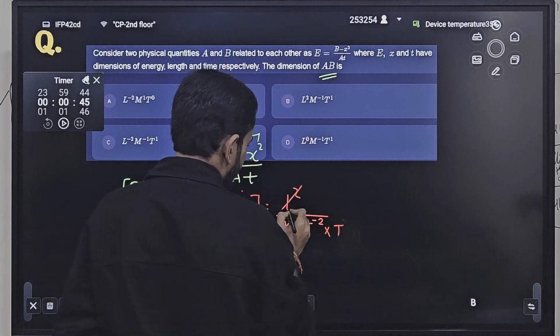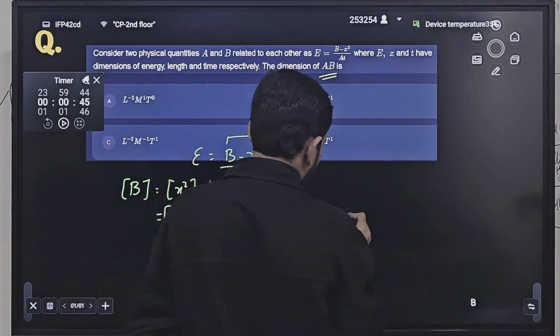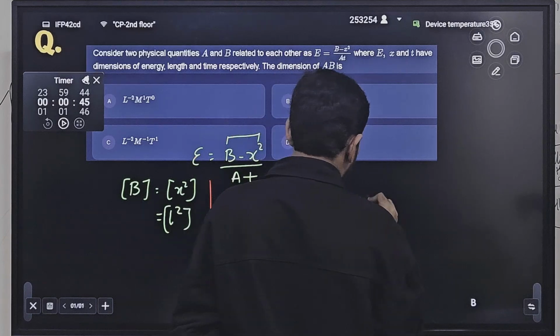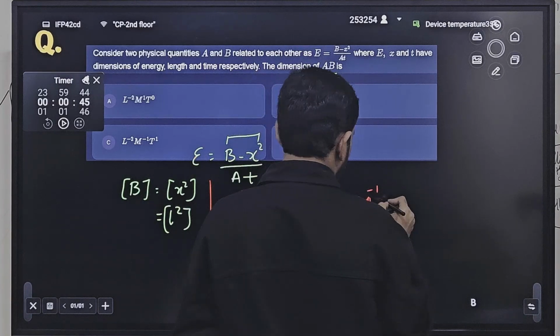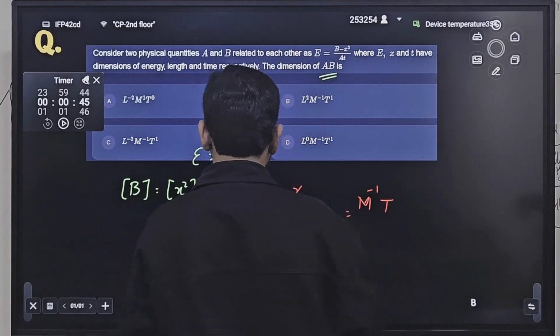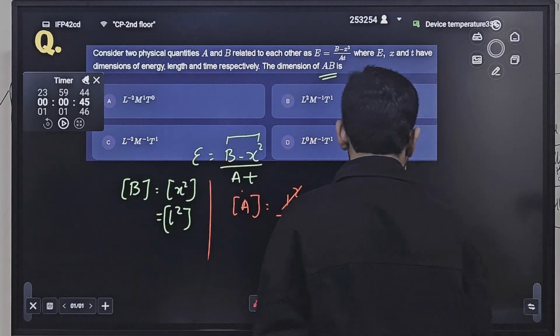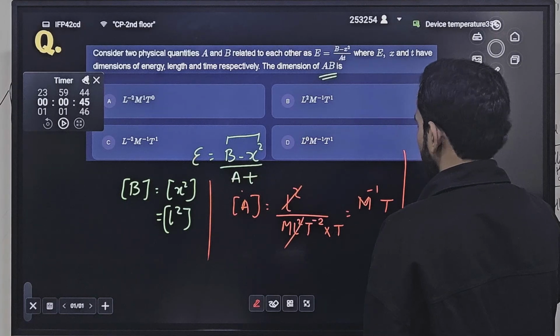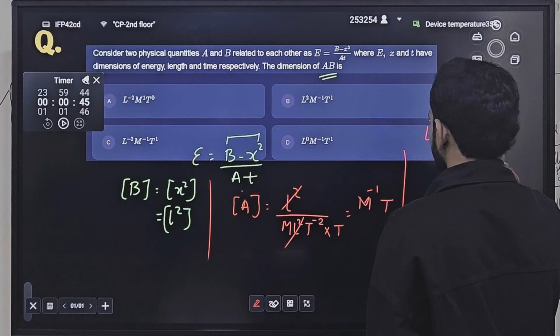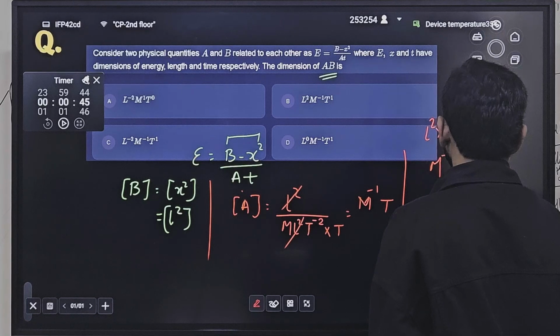Now see what is left? L square will get cancelled. This will become M minus 1. And this T minus 1 goes to the numerator, it will make it T. Now you have to find the multiplication of these two. Multiplication of these two will give you L square, that is b, multiplied by M minus 1 into T. That is, properly written, M minus 1 L square T.